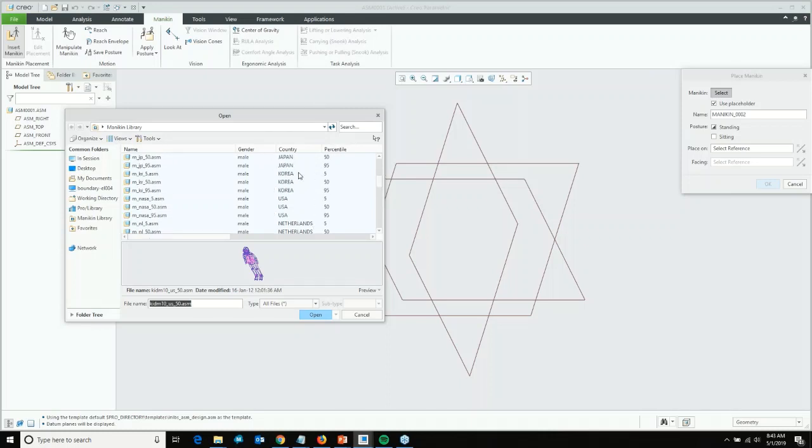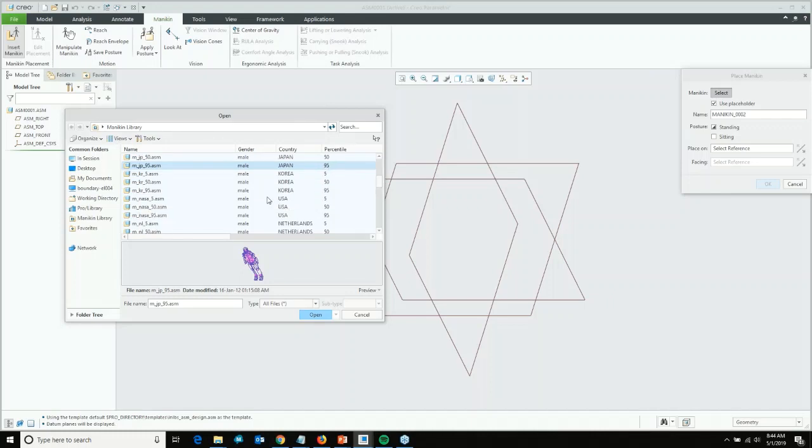For example, this selection is a Chinese male in the 5th percentile, versus over here a Japanese male in the 95th percentile of their size and weight. So again, you're accommodating the widest population range possible.